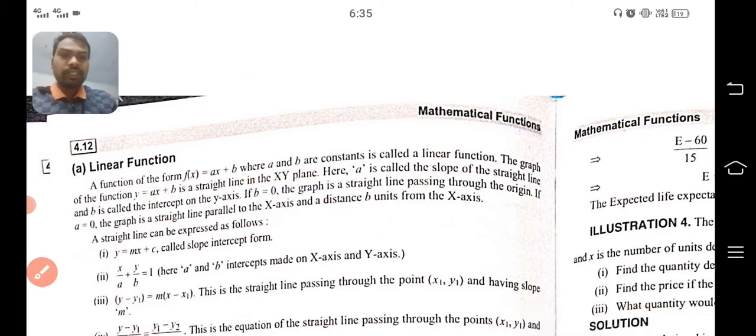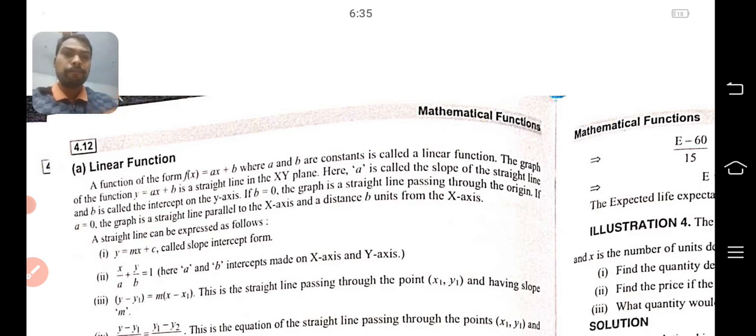This is what you should know about the linear function, and it is very important in mathematical operations. Here the distance is b units from the x-axis. Whatever parallel line appears, its distance is b units, the intercept term.